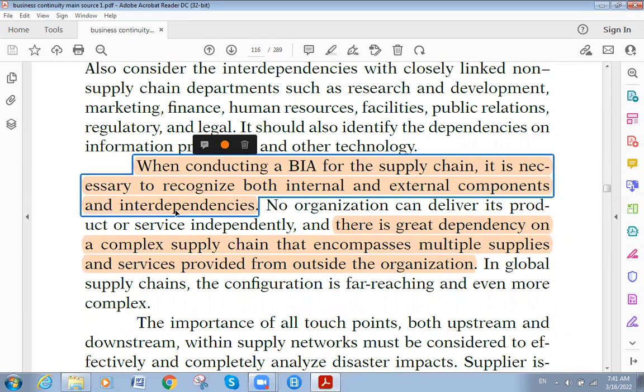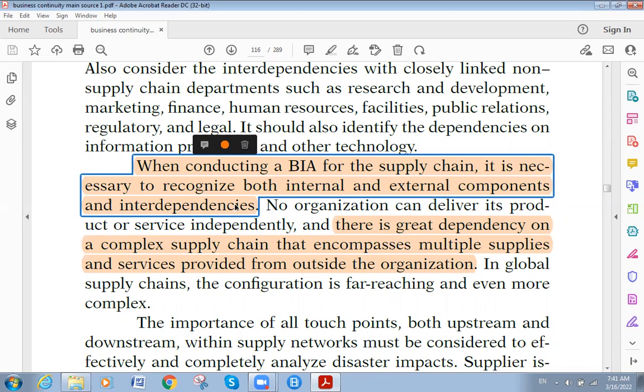Here we have a very important thing to say. When conducting a BIA for the supply chain, it is necessary to recognize both internal and external components and the interdependency. Interdependency means, for example, that the branches and subdivisions of the supply chain are all working together and depend on each other.